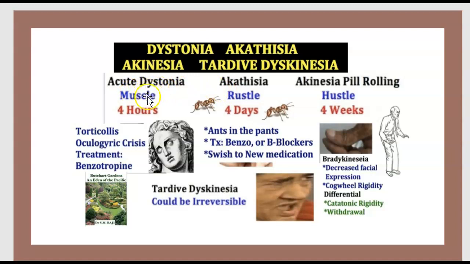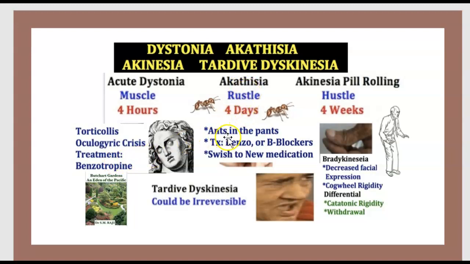Acute dystonia: muscle spasm in hours. Akathisia: restlessness in days. Akinesia, parkinsonism: in weeks. Acute dystonia, torticollis, oculogyric crisis. What is the treatment? Benztropine.